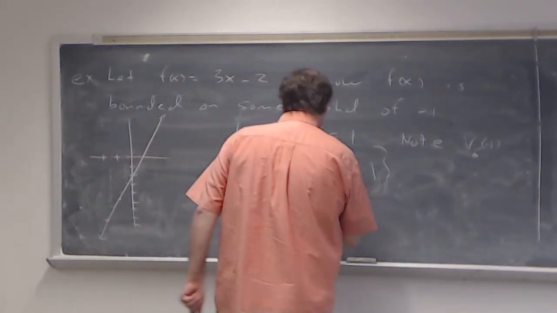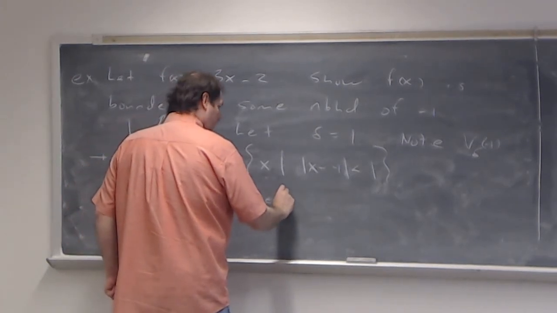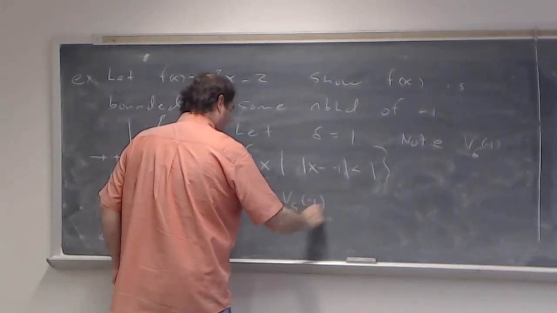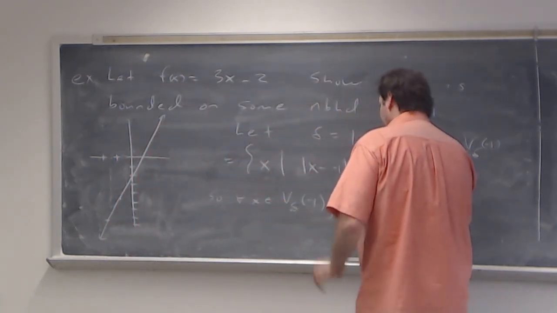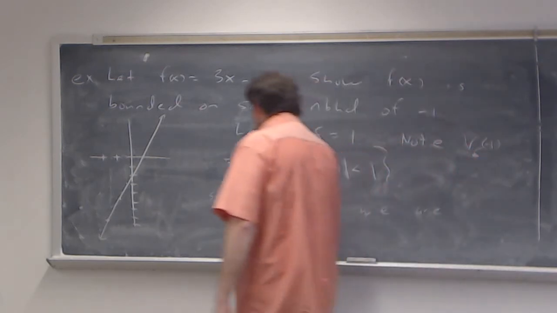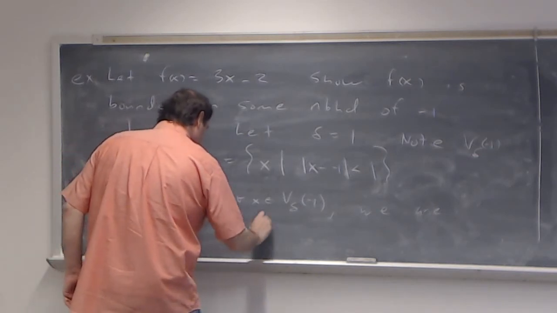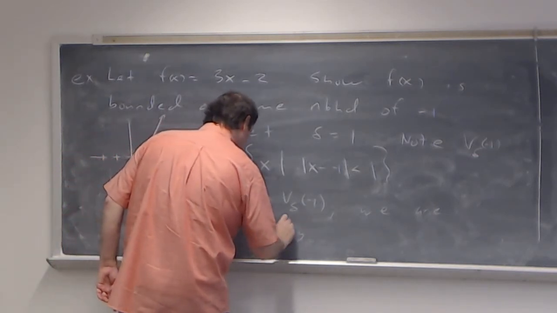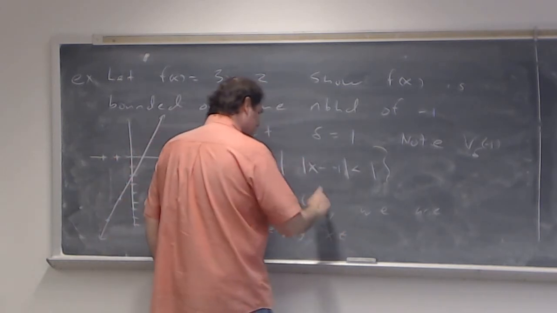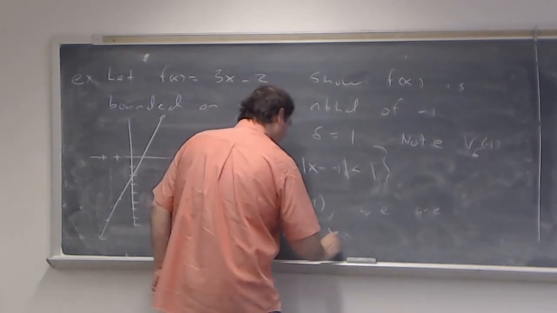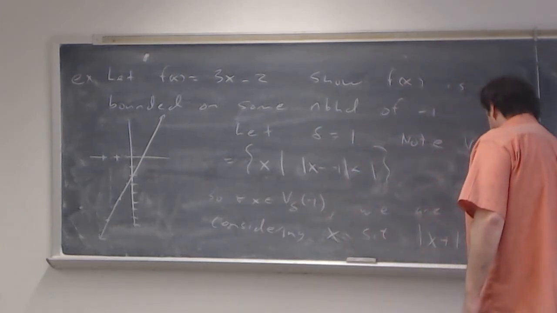That really says this: for all x element of V sub delta of 1 of minus 1, we are considering x values such that the absolute value of x plus 1 is less than 1.